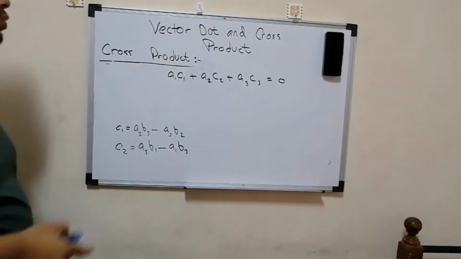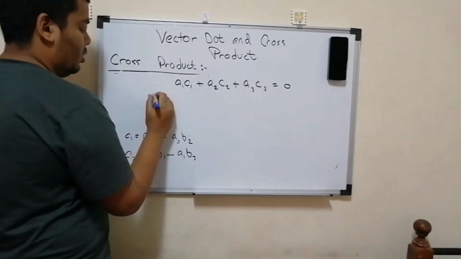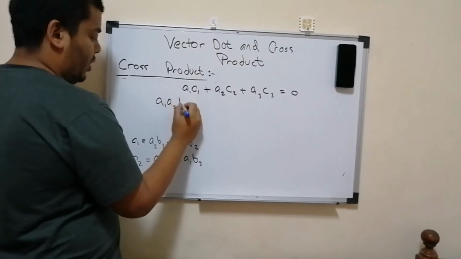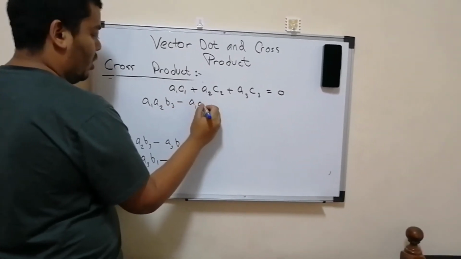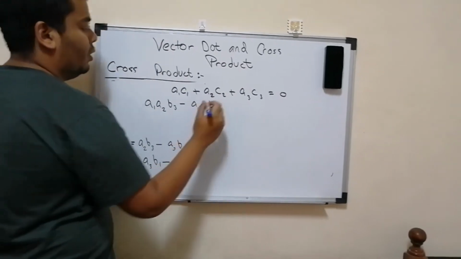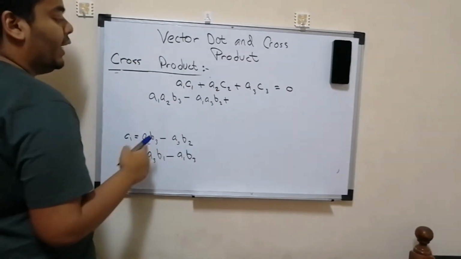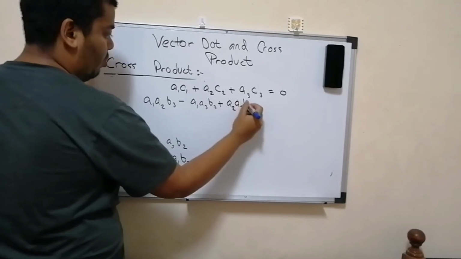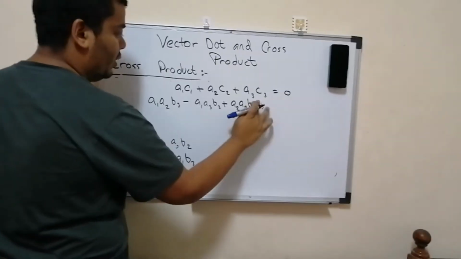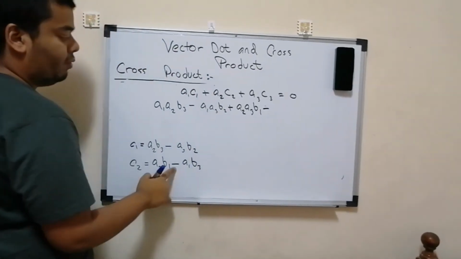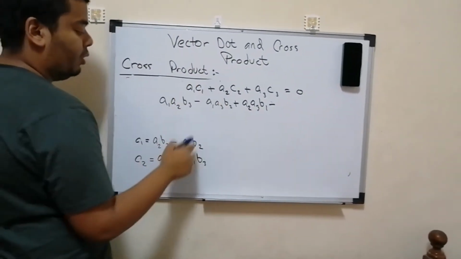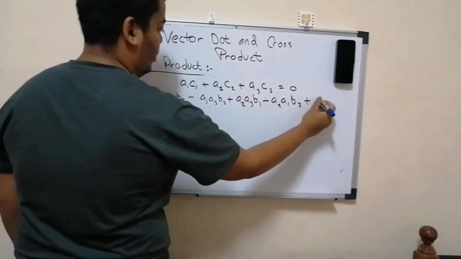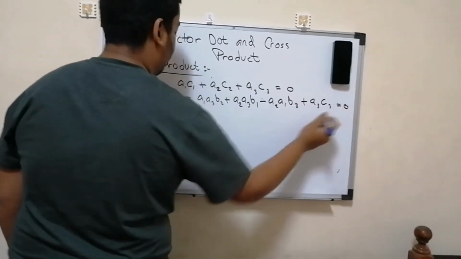We'll substitute the values of C1 and C2 there, so we will get A1 A2 B3 minus A1 A3 B2, then plus A2 into C2, which is negative of A2 into A3 B1 minus A1 B3, plus A3 C3 is equal to 0.